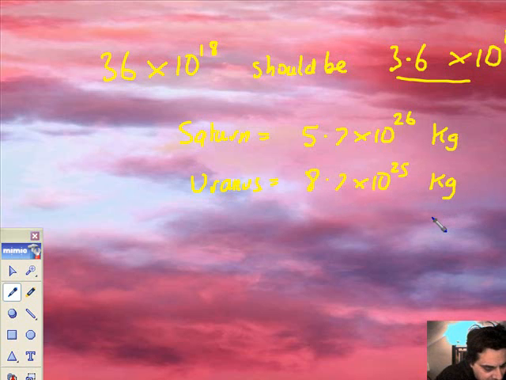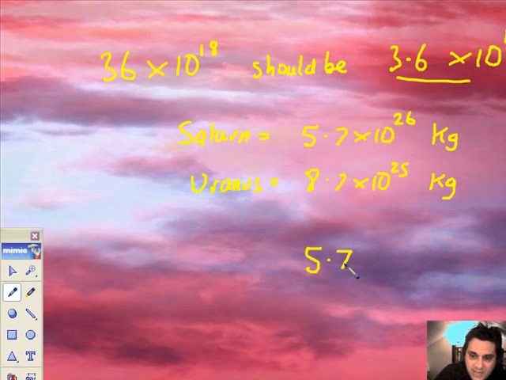And the question says, Saturn is heavier than Uranus, obviously, power of 26 beats a power of 25 any day. How many times heavier is Saturn than Uranus? Give your answer to an appropriate degree of accuracy. Well, basically, how many times does that number fit into that number? Essentially, we have a division sum.